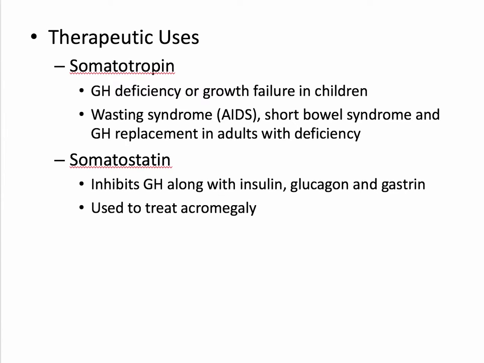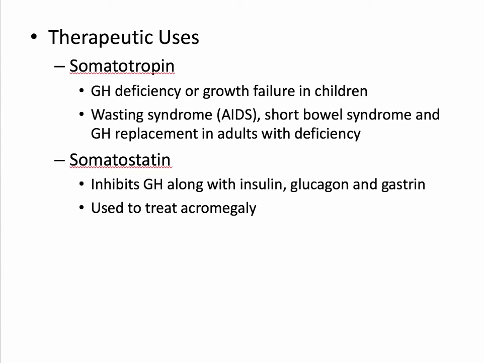So therapeutic uses. So somatotropin is the growth hormone. We can give that to children who have growth hormone deficiency or failure to help them to grow. We also do use it for wasting syndrome.